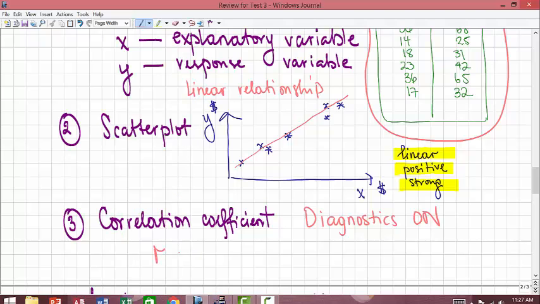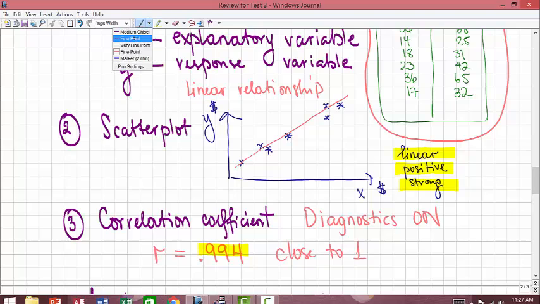Okay, so R here is 0.994. So this is confirming our conjecture that we have a fairly strong linear relationship here. Okay, that is very close to 1.